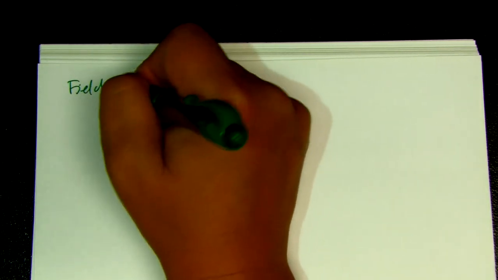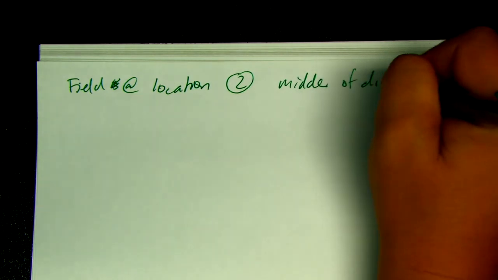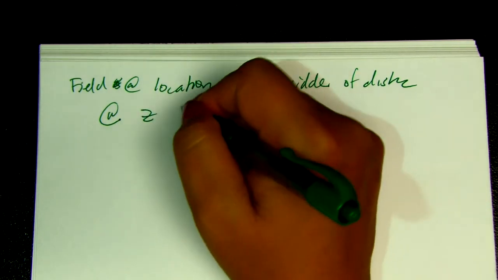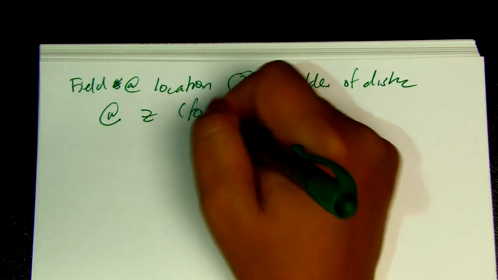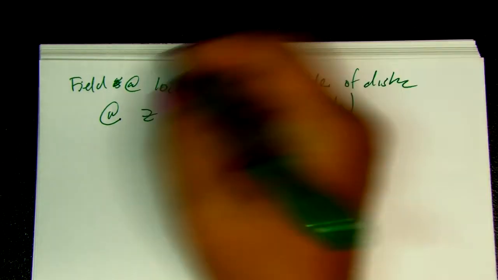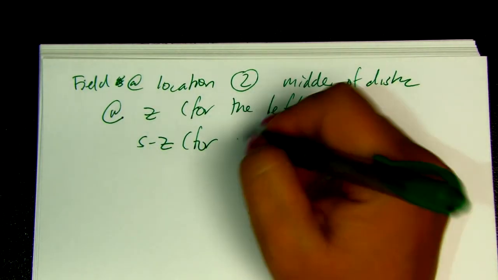If we want to look at the field at location 2, so that's in the middle, it's going to be at Z for the left plate and S minus Z for the right plate.